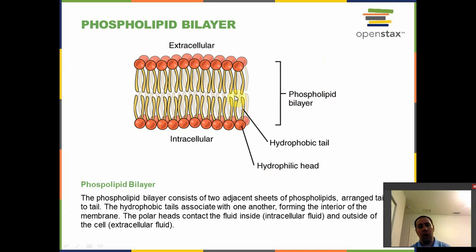They fear water. They want to get away from the water, but they like other hydrophobic things, which is the tail on the other layer. And so they find a friend, and they just huddle in the middle here, while the hydrophilic heads touch the water on the inside of the cell and the outside of the cell.